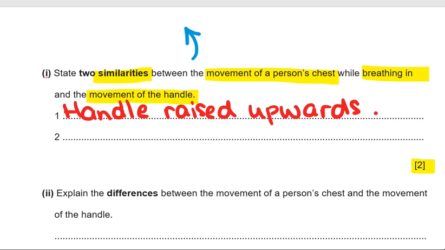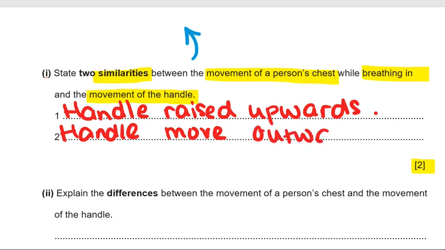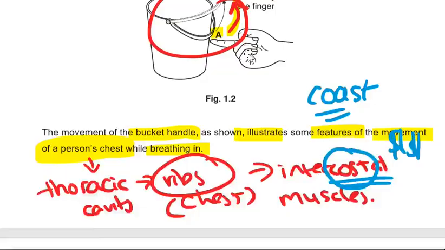And then the second one is the outward movement of the handle as well when you raise it up.